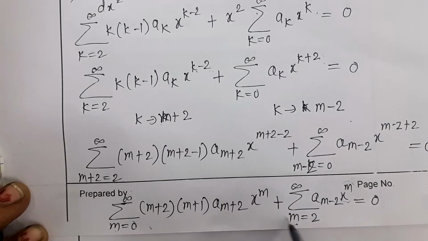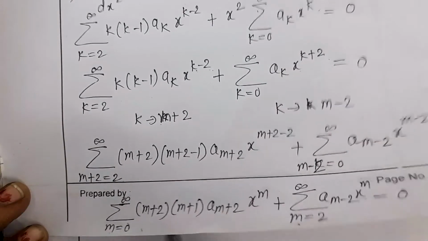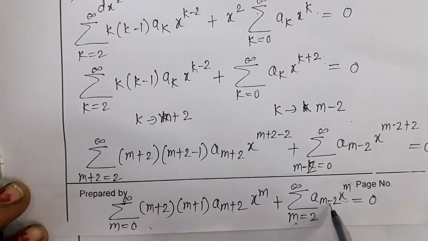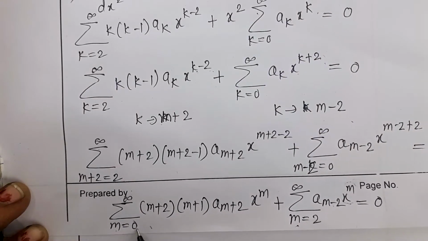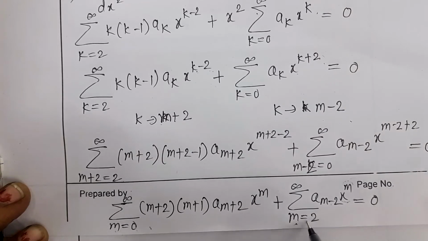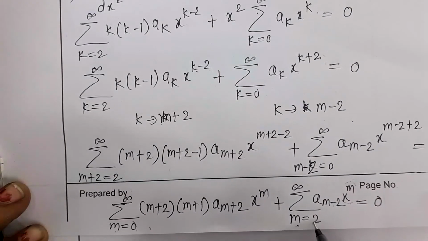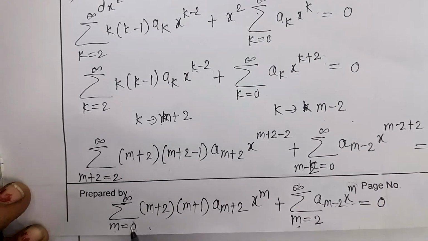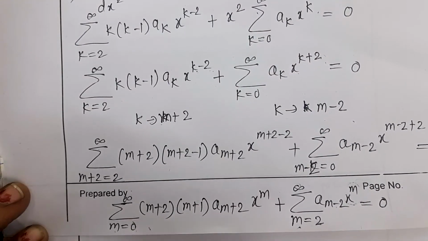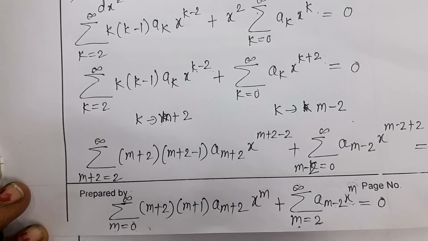So we have to convert both summations to the same starting point, so that we can combine them. Here m equal to 0 to infinity can be written as m equal to 2 to infinity, but m equal to 2 to infinity cannot be written in terms of m equal to 0 to infinity, because we don't know its previous terms.